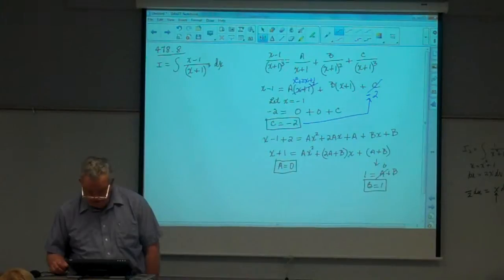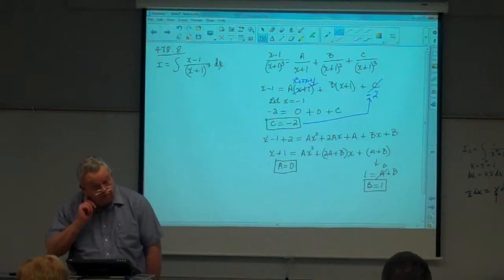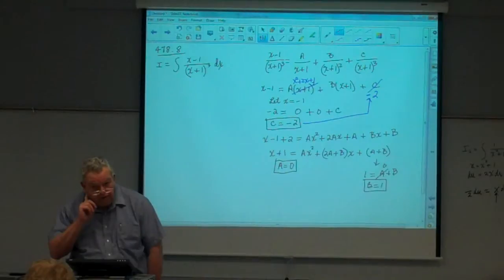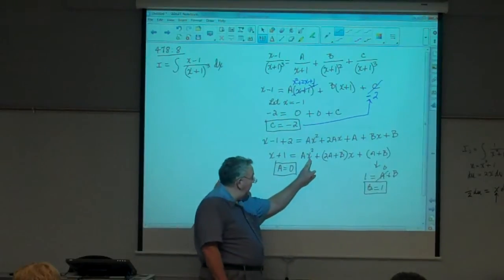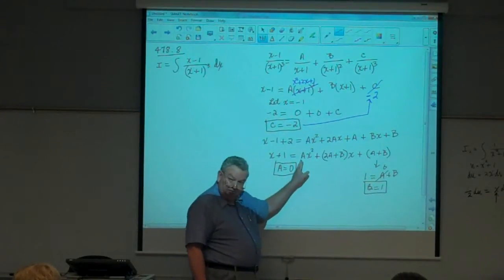I don't know, there's no x in the a plus b. How did you get a is equal to 0? What's the coefficient of x squared on this side? 0.